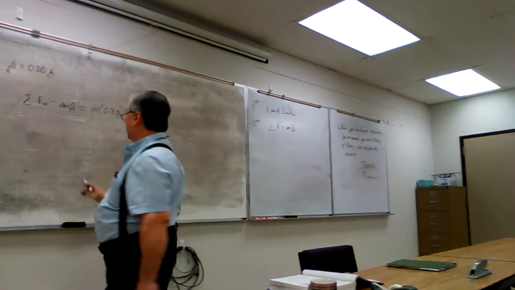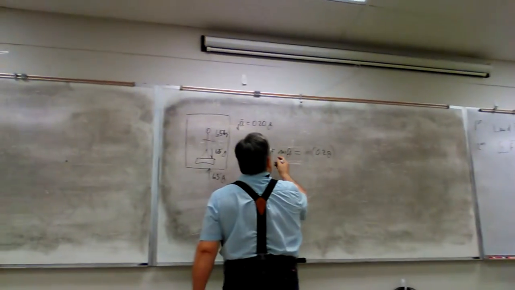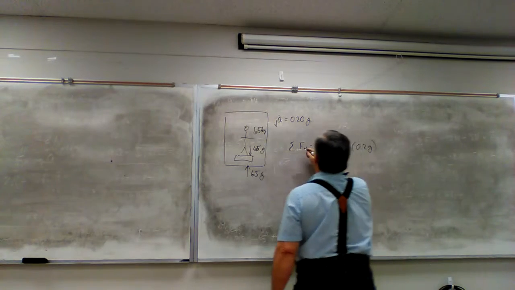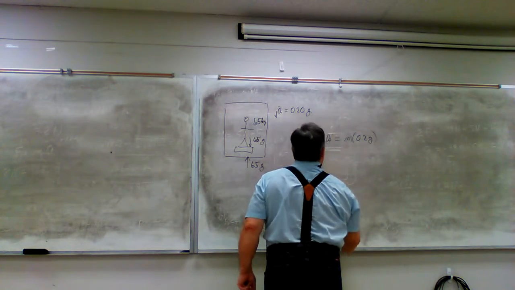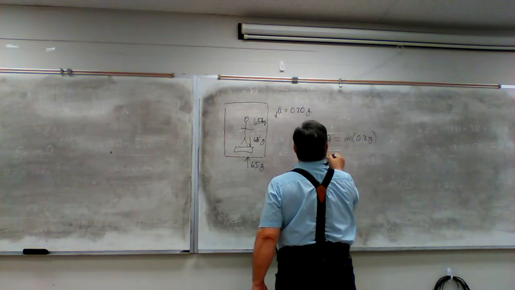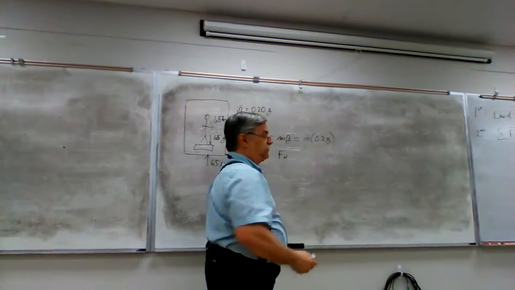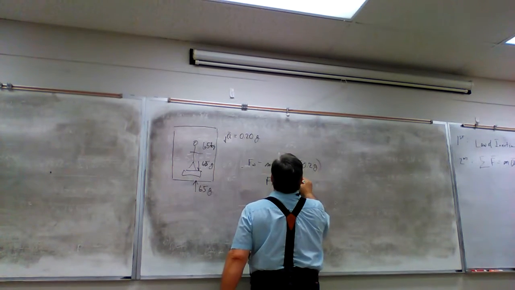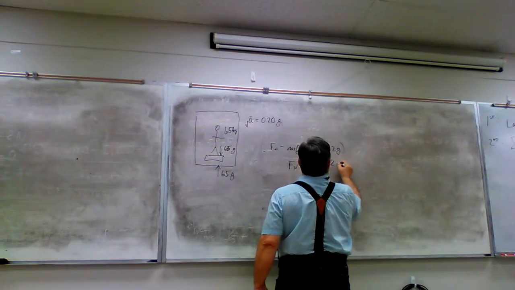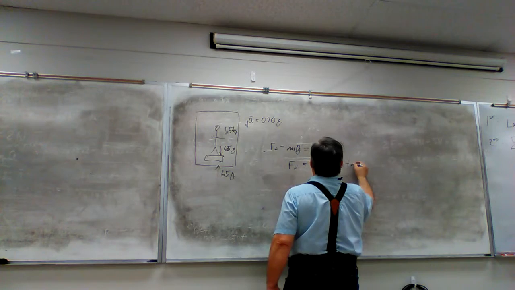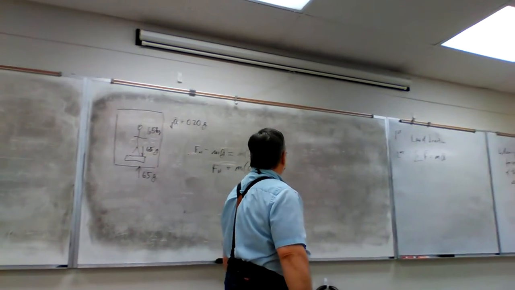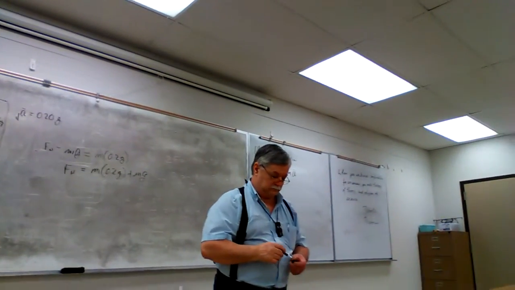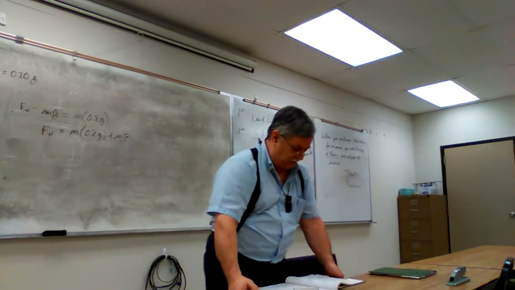Yeah, I did write this backwards. That's okay. If we're now solving for the normal force, which is what the scale reads, it's mass times 0.2 G plus mass times G. And I did get a sign backwards somewhere.